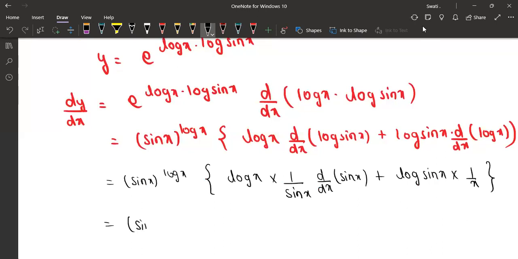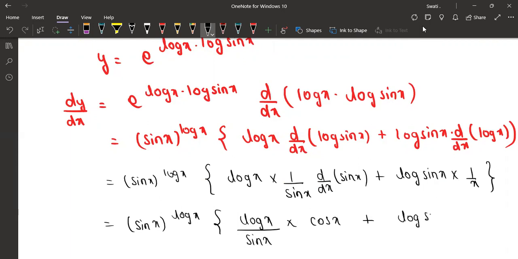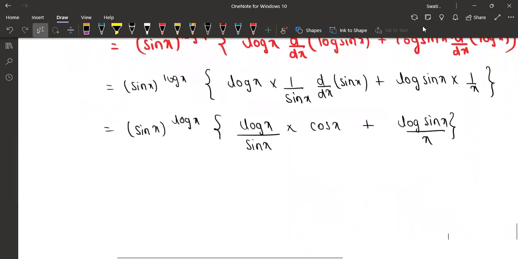So this will become sine x raised to log x. In bracket, we are having log x over sine x. Derivative of sine x is cos x. So we can write down cos x here. Plus this will become log sine x over x. Now we can again simplify this further because we are getting the term cos x and sine x. So we can simplify that further by using the formula.